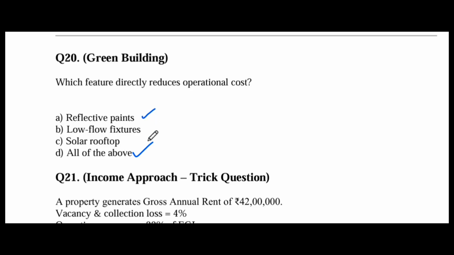And low flow fixtures mean low water consumption and reduced water bills. And solar rooftop obviously cuts electricity expenses by generating on-site power. So all the above option is the correct answer.